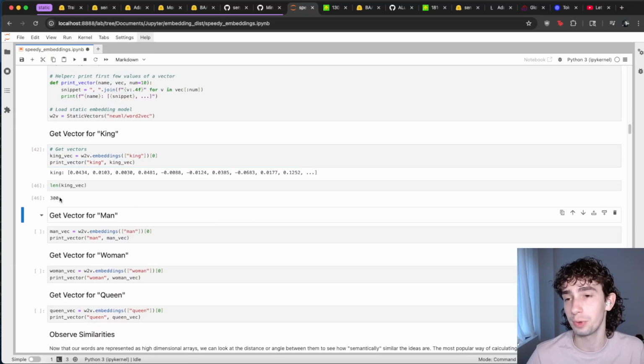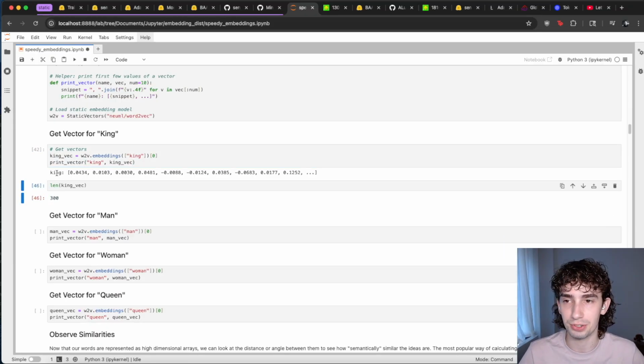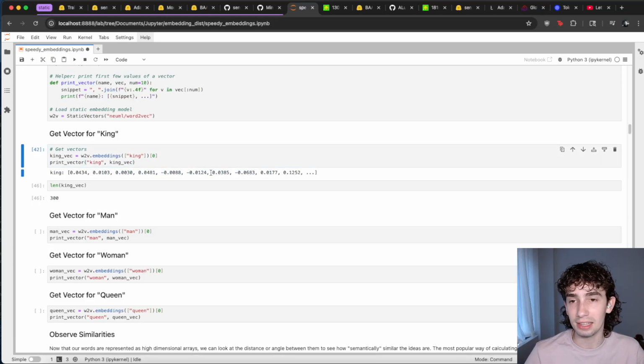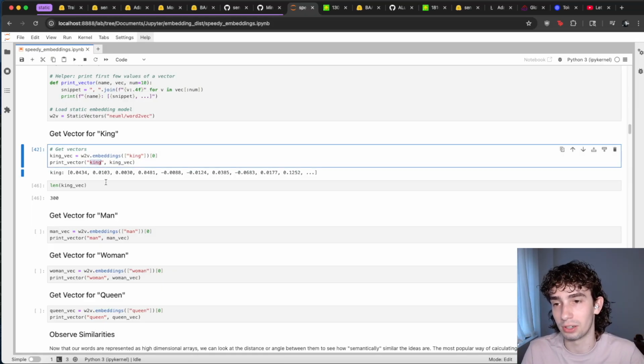In our case, we've captured 300 dimensions of the word king in this vector. These dimensions can also be thought of geometrically, as vector representations are considered high-dimensional representations of these things or ideas. But the intuitive and easy approach is to think that each one of these dimensions encapsulates a little bit of the nuance of the idea of the word king.